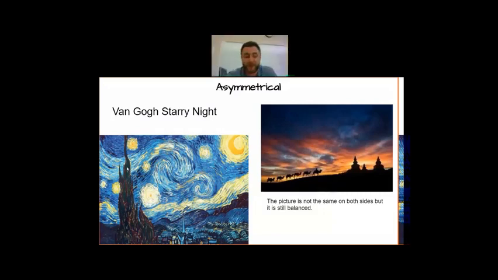Yeah, it's a tree, believe it or not. I know it looks like a bunch of things, but it's a tree that comes up and it's evened out with the city, yes. And also what helps a little bit is that moon up in the corner. But you're totally right. It's able to have that teeter-totter be level and not be totally empty on one side and have everything off to the other side. Right, so that is asymmetrical.